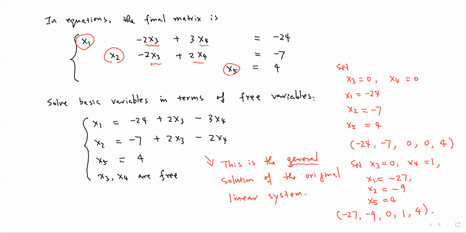Why? Because we can assign many values to the free variables to get many solutions. This is how to use echelon form and reduced echelon form to solve a general linear system.